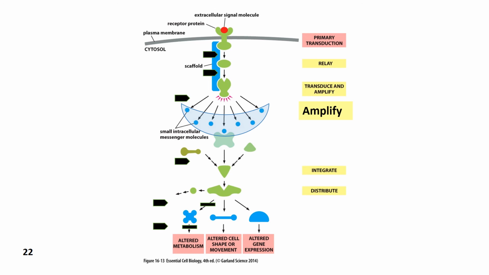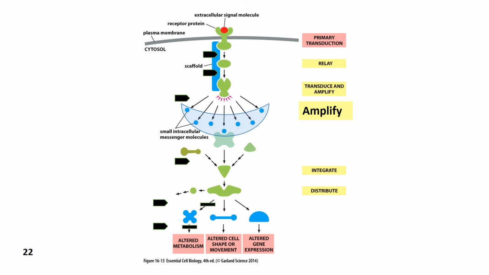Again, we use this signaling cascade mechanism upon binding to a cell surface receptor because it affords us the opportunity to amplify the signal and/or modulate the signal at multiple steps so that we can get the desired cellular response.